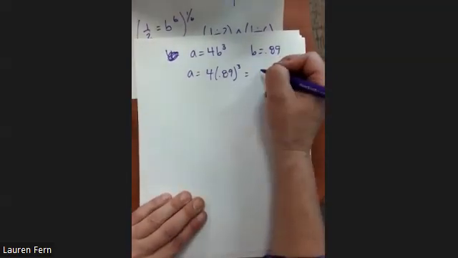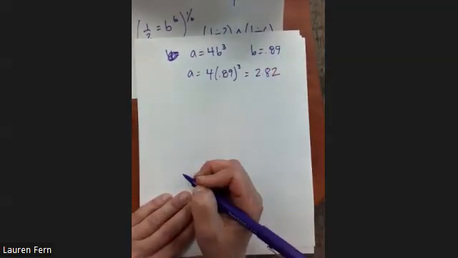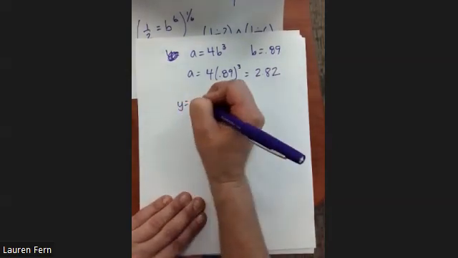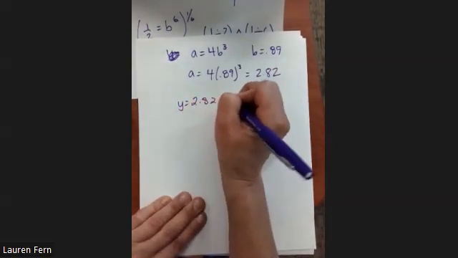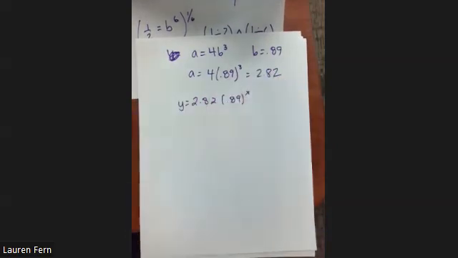And if you do this computation, you're going to get about 2.82. You with me there? Don't worry, that's not the only one we're going to do. Are there questions this far?